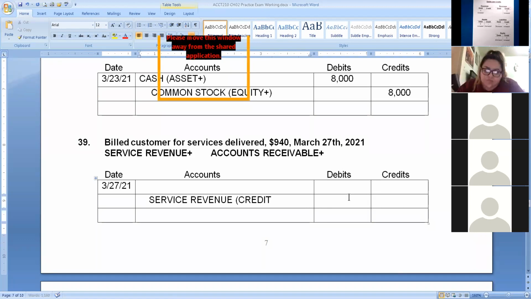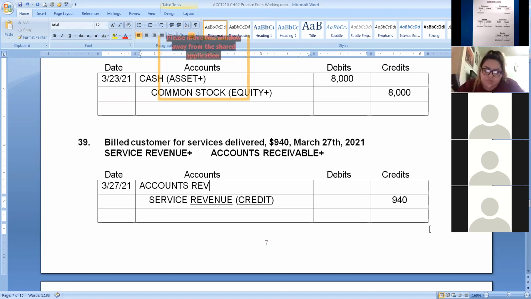So whenever you run into a revenue, you say yippee. You don't say it out loud because people think you're nutty, but you say yippee to yourself, and then you put in a credit. And the other side would have to be the accounts receivable.